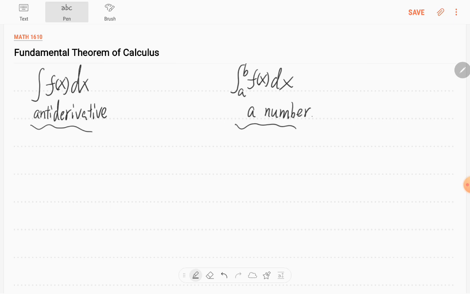So here is the fundamental theorem of calculus, part 1.